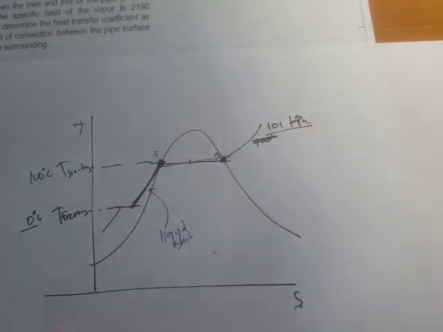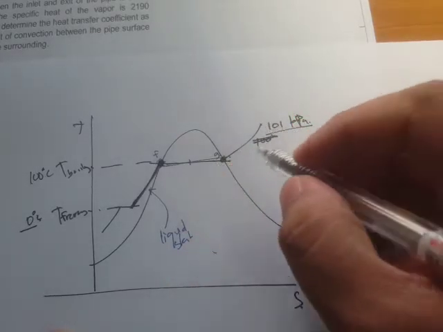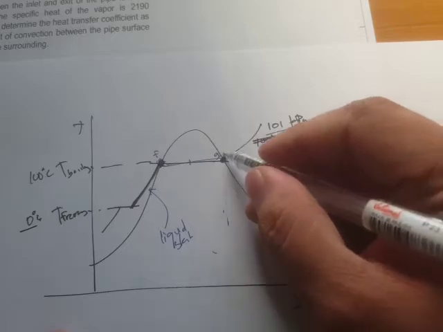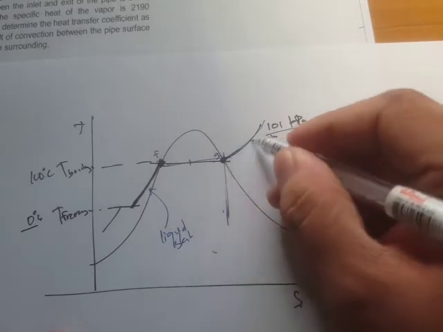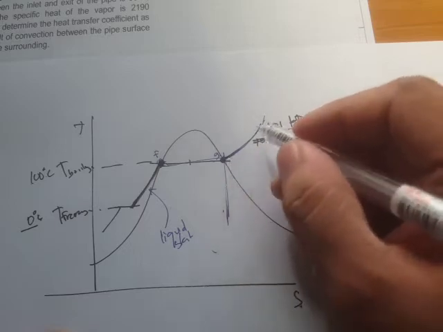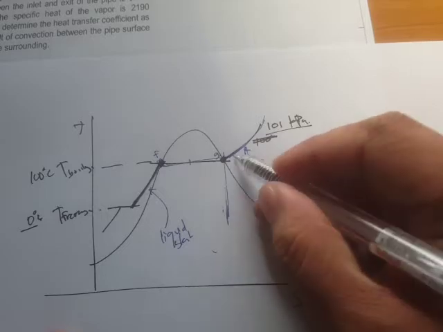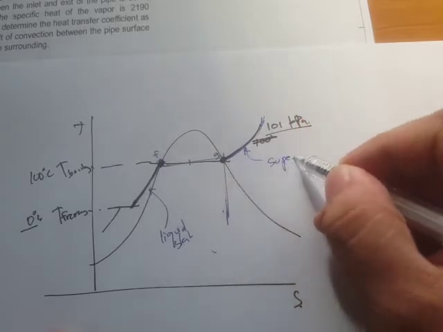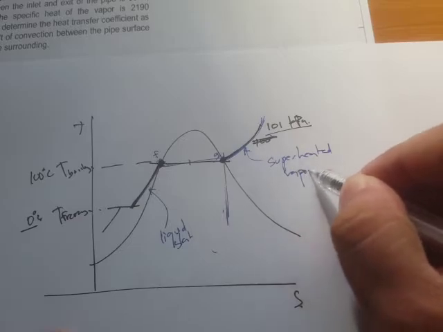Now what's going to happen if you still add heat to the water beyond this point? Then it changes to a region of superheated vapor. This region right here is what we call the superheated vapor or superheated steam.